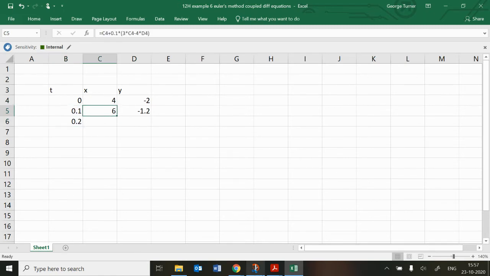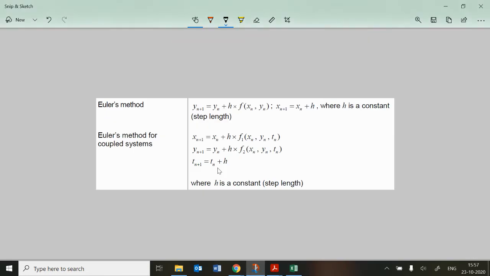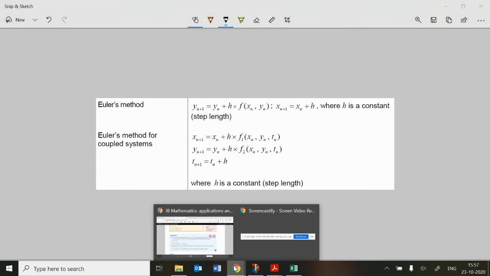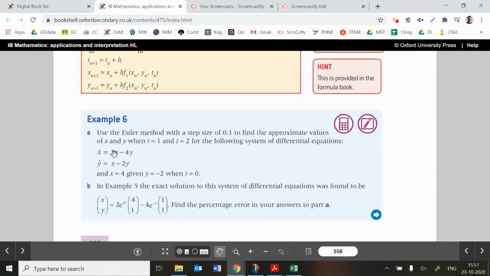Now looking at the formulas, we've got x n plus 1, so the next value of x is xn plus h, which is going to be 0.1, times the previous value of x, and this is dx/dt. So let's look at the question. What's dx/dt? That's 3x minus 4y.